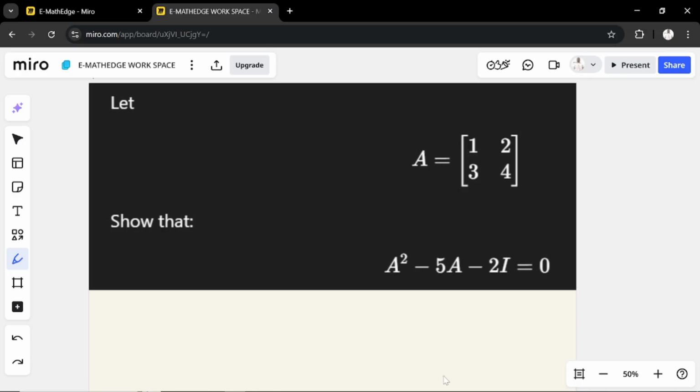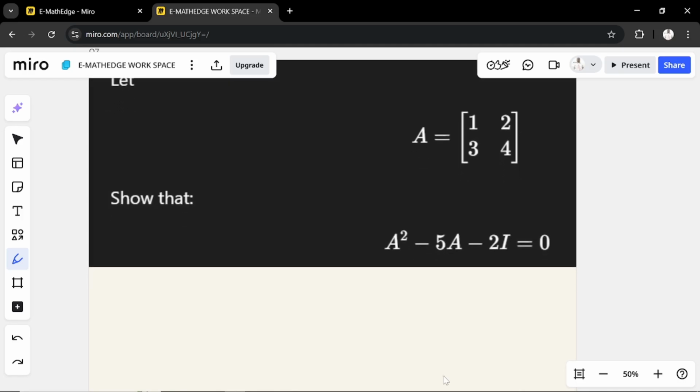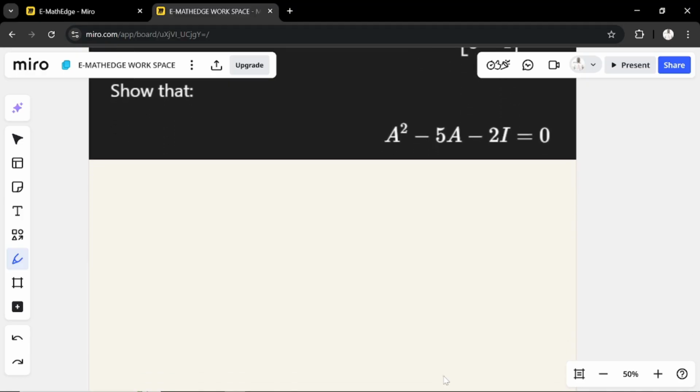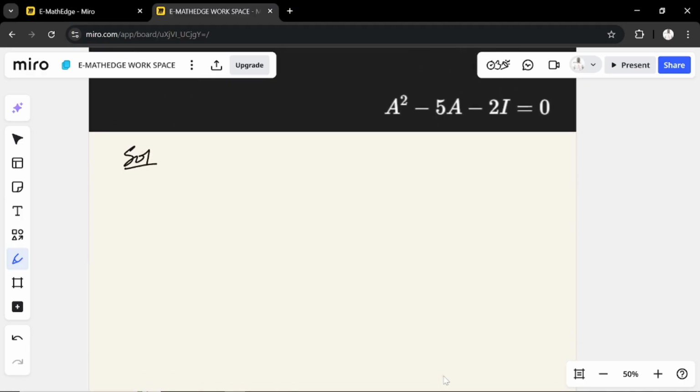So here we have a matrix question which says, let matrix A be equal to 1, 2, 3, and 4. Show that A square minus 5A minus 2 identity matrix is equal to 0. So let's go ahead and solve that problem. We have the solution.